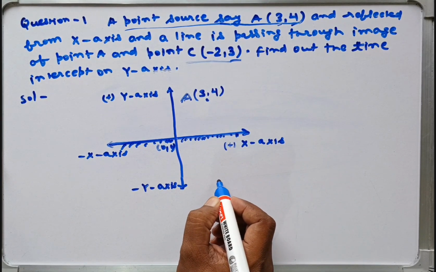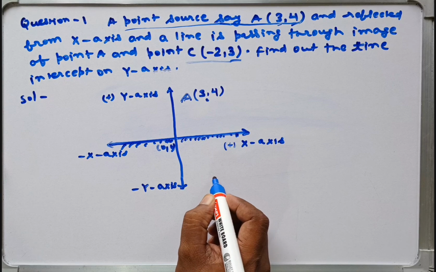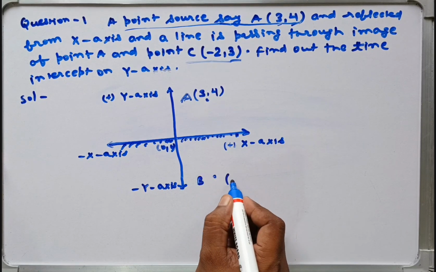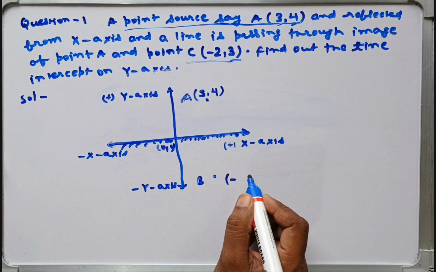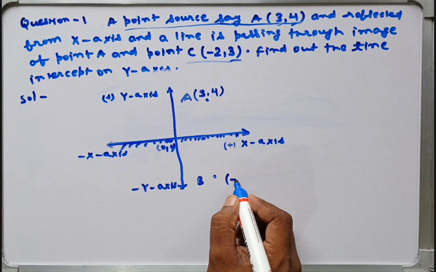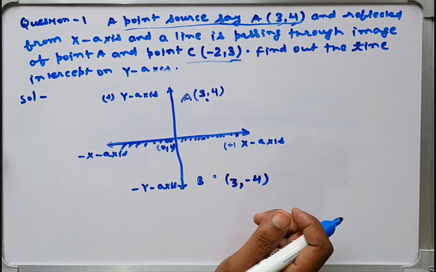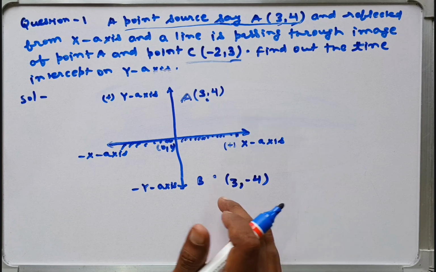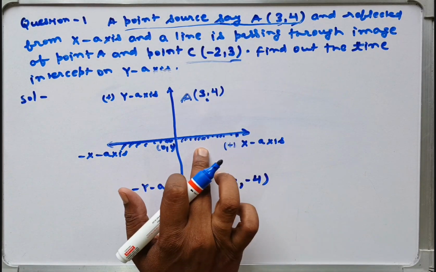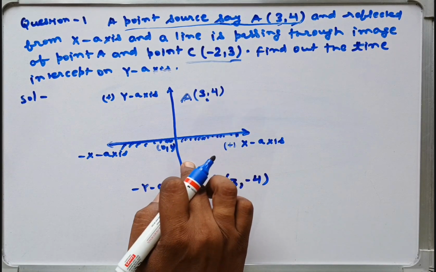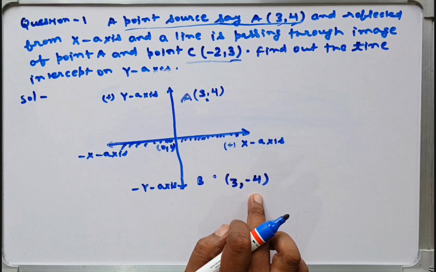Now the question is, this point is reflected in the x axis. So the image of this point will come where, guys? Suppose here. This will be exactly the same, the only difference is that the coordinate will change. This is the positive x-axis, so this will be 3, and in the downward direction this is -4.